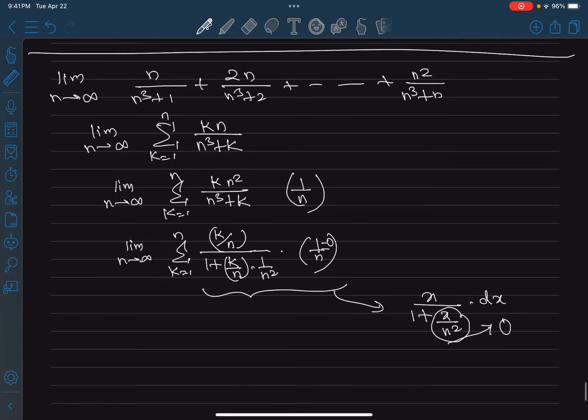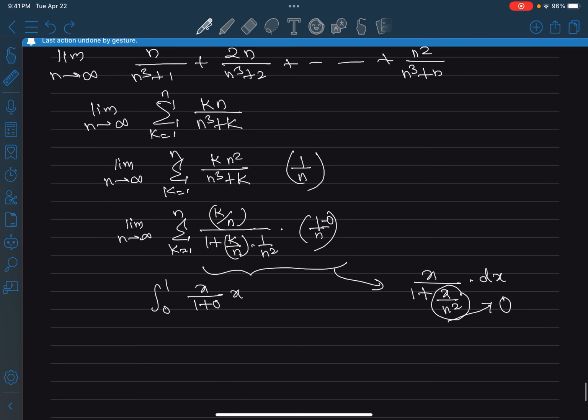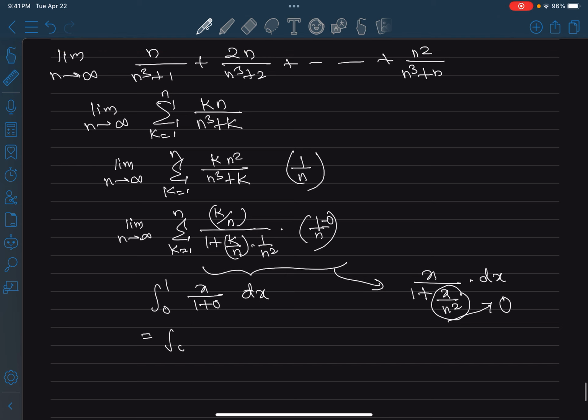So we have the integral from 0 to 1 of x over 1 plus 0 dx, which is the integral from 0 to 1 of x dx. This becomes x squared by 2 from 0 to 1, which is half minus 0, which is half. So we get the same answer.